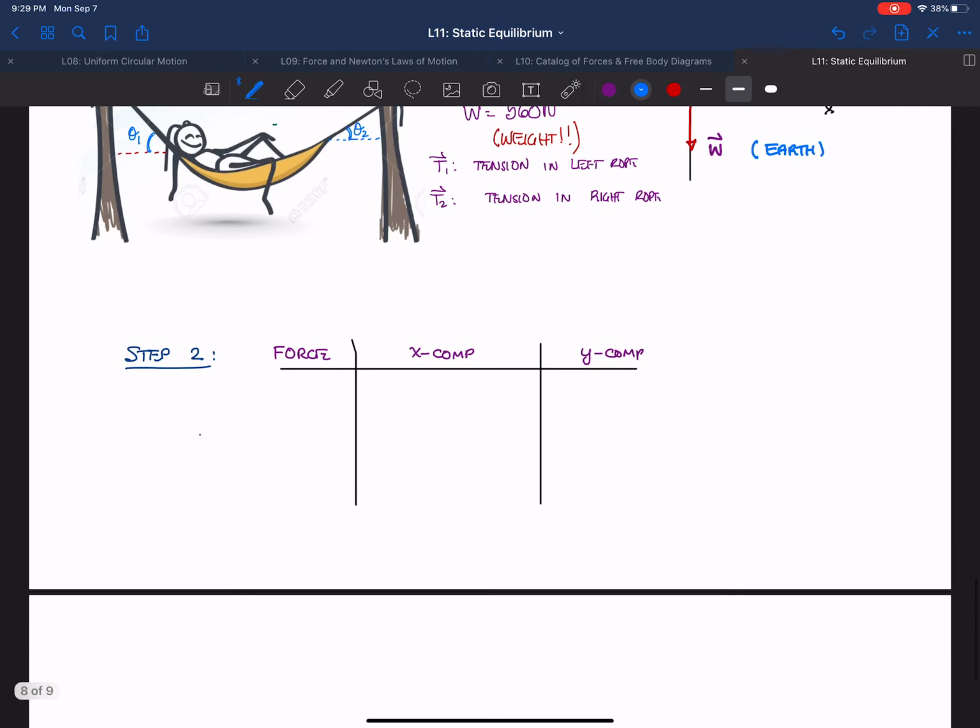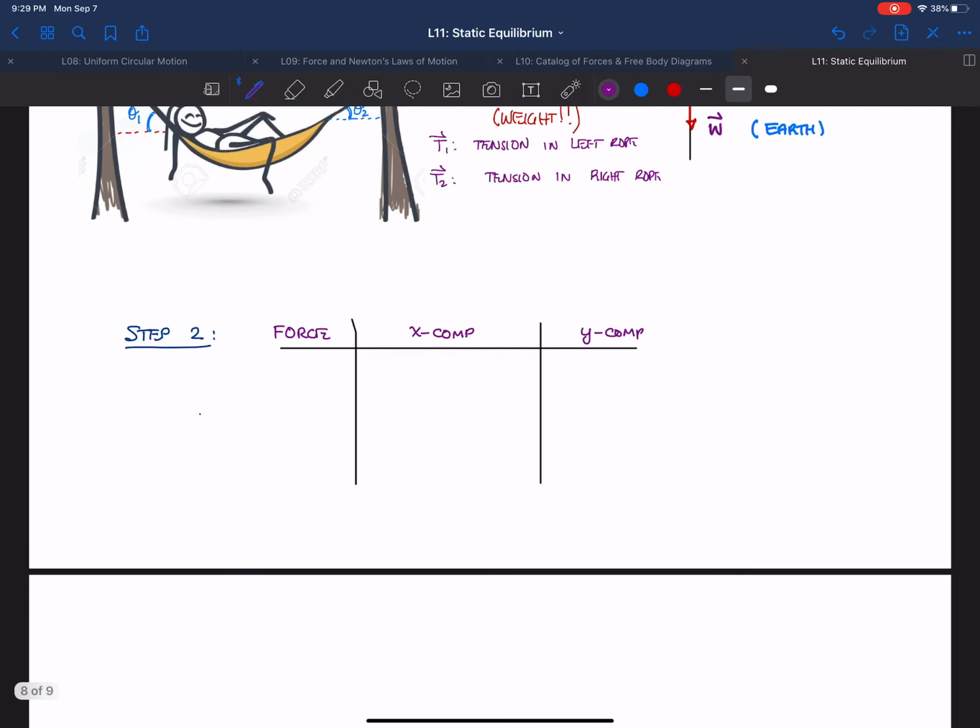Okay. Step 2, as I said before, resolve forces into components.